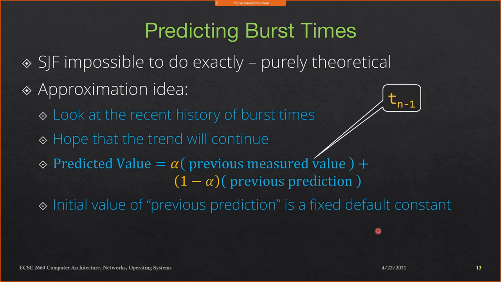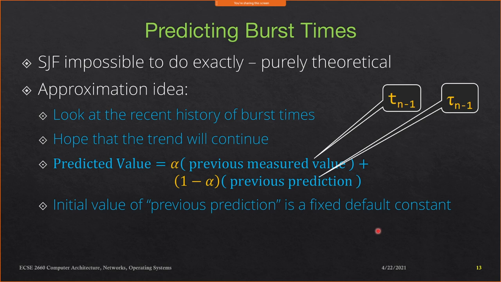We are denoting the previously measured burst time for a process as t, with subscript n minus 1. So you're talking about the nth time, and this corresponds to n minus 1, the previously measured value.